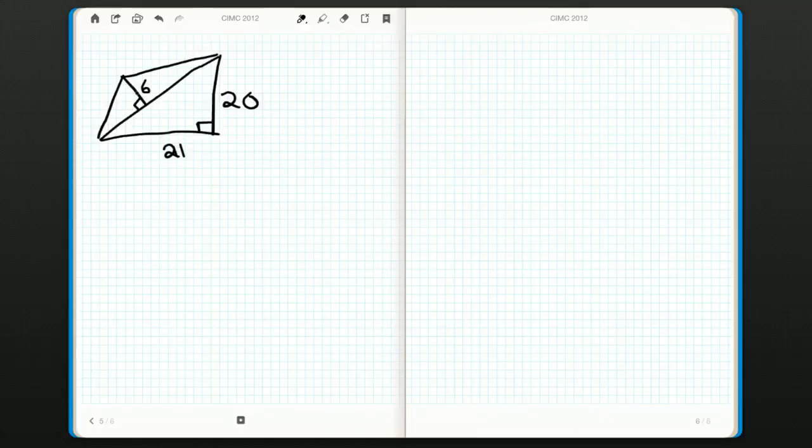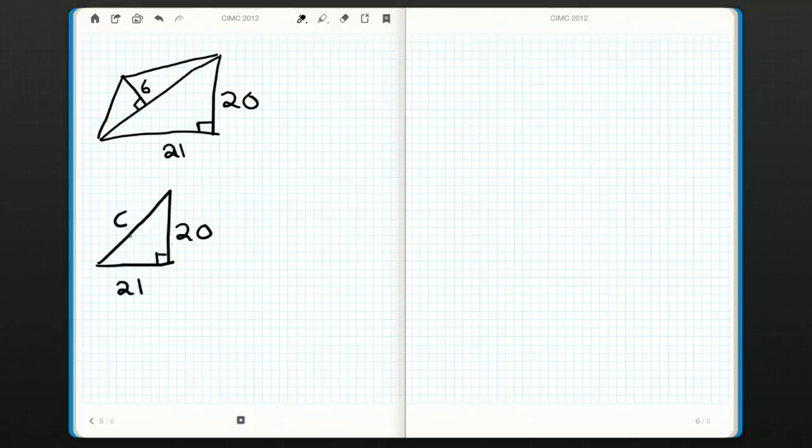Now immediately what I'm attracted to is the fact that we have this 20, 21, and we have a right angle. So immediately we should be thinking, oh, Pythagoras' theorem. Okay? So we want to get as much information about this quadrilateral as we can before we start solving for the areas. Okay, so let's just take a look at this one right here, this 21, 20, and it's a right angle.